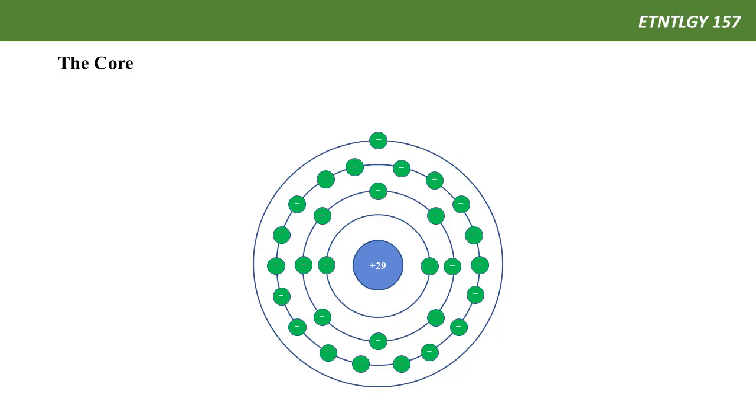Since this is an atom, the number of electrons needs to be the same as the number of protons. There must be 29 electrons surrounding the nucleus. They are distributed and floating around it in those orbits or shells. The green circles here represent those electrons.